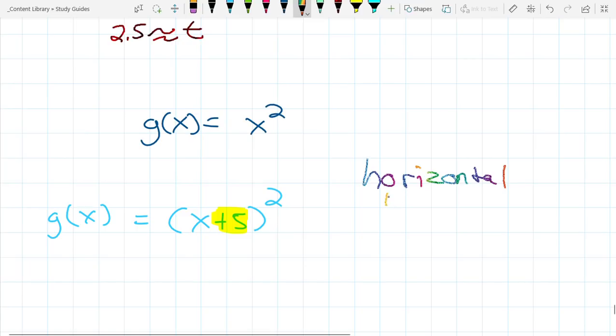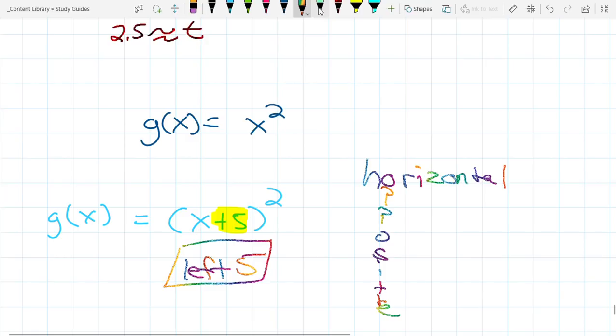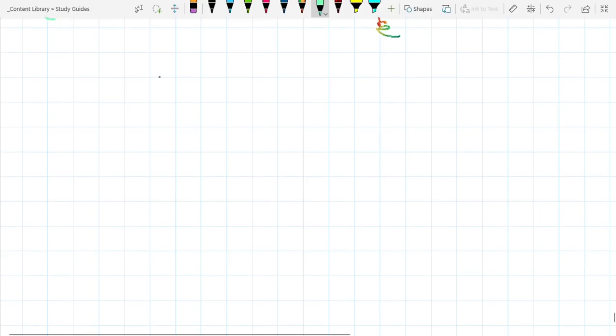Because horizontal has an O, that's a helpful way to remember it's the opposite number. So instead of plus 5, you would think right 5, it's actually the opposite of right 5. That means it was a left 5. And even more detailed is because the vertex of the original graph is 0, 0. The vertex of this one, if we were to write it, is negative 5, 0. So we moved it over 5 to the left.